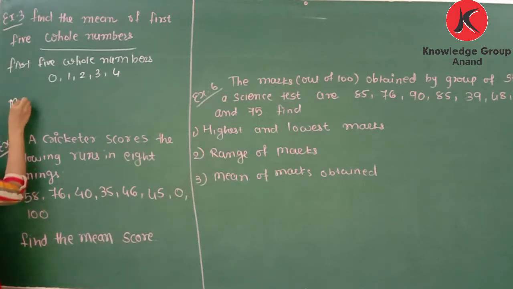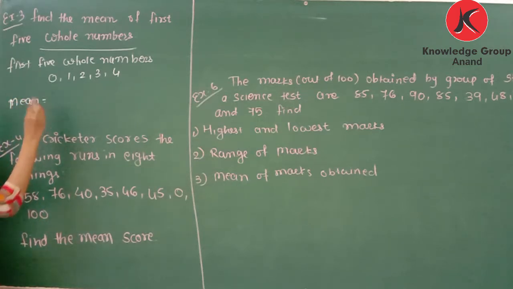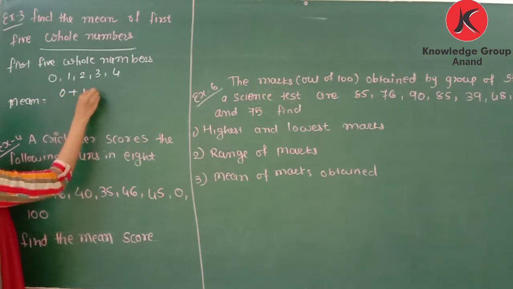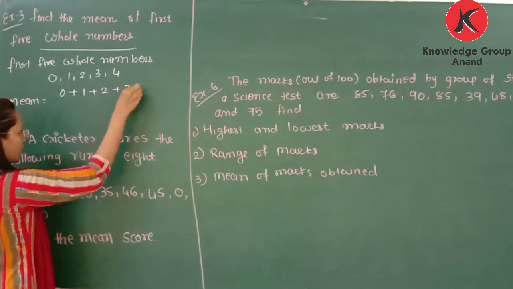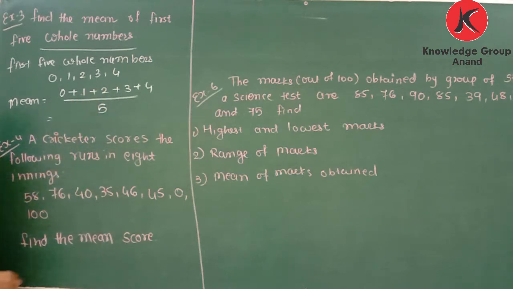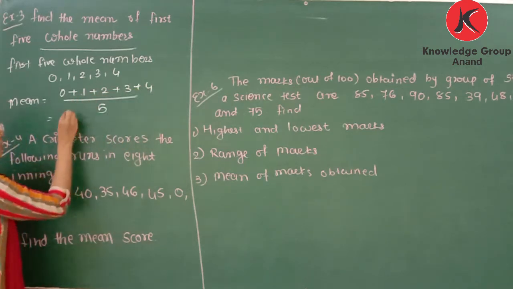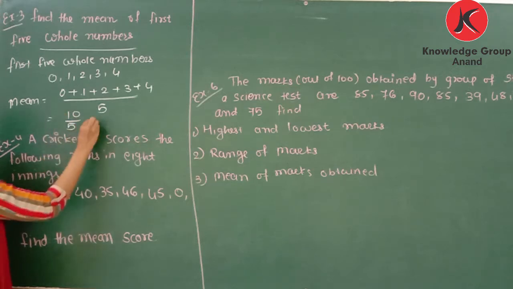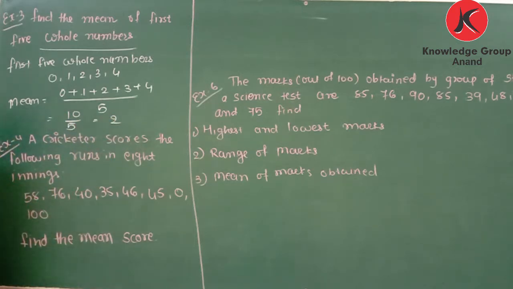Now mean is given by the sum of numbers, 0 plus 1 plus 2 plus 3 plus 4, divided by 5. 1 plus 2 is 3, 3 plus 3 is 6, 6 plus 4 is 10, divided by 5. So the answer is 2. Now next one, example 4.